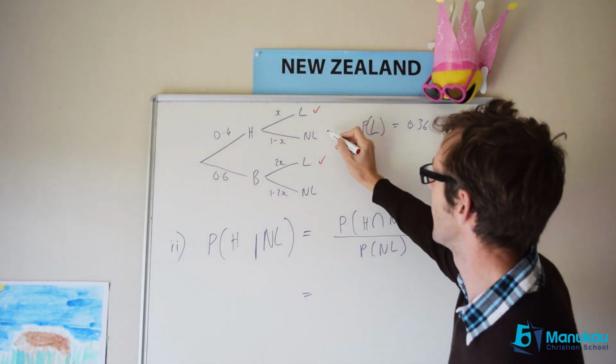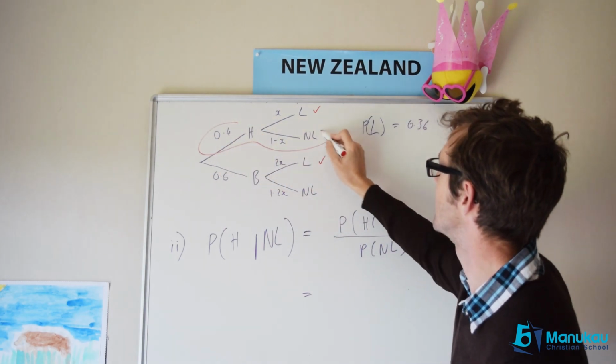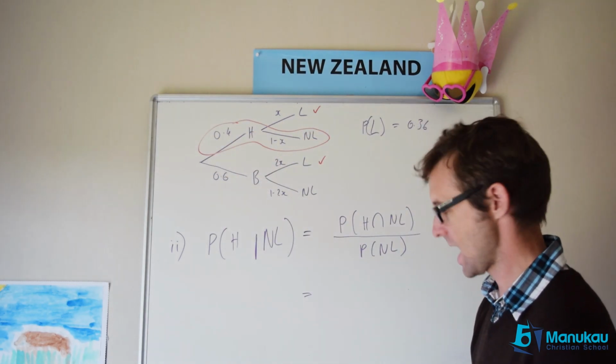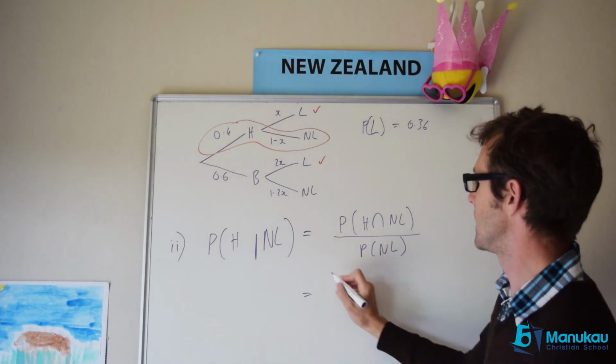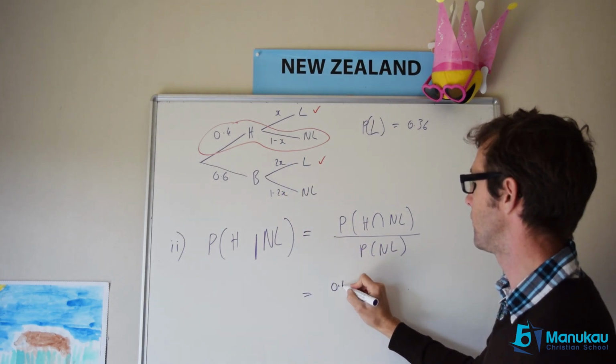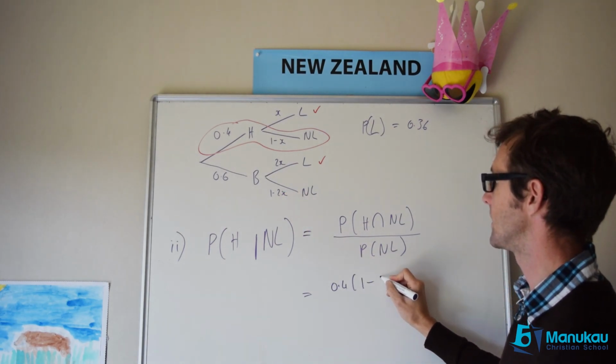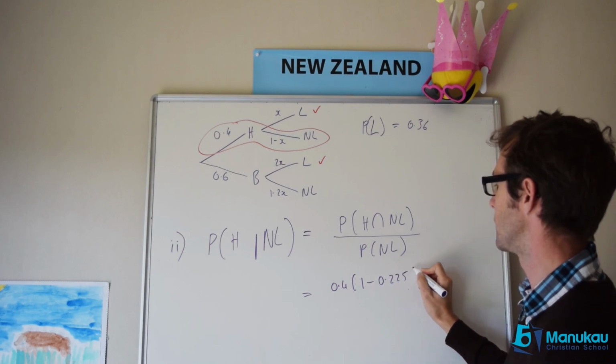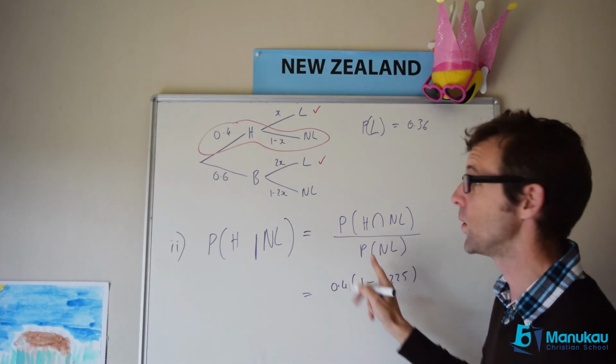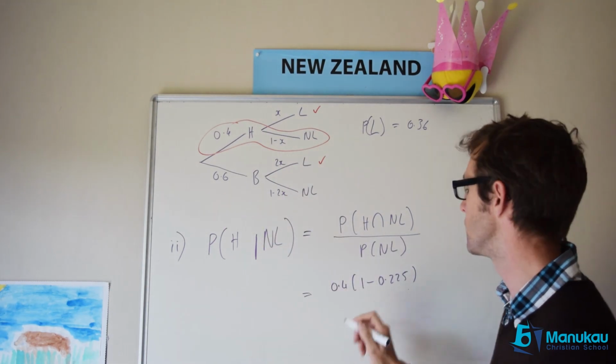So hilly route not late, that's this here. Okay, so that's going to be 0.4 times 1 minus 0.225, which is what we found out on the first question, that x is 0.225.